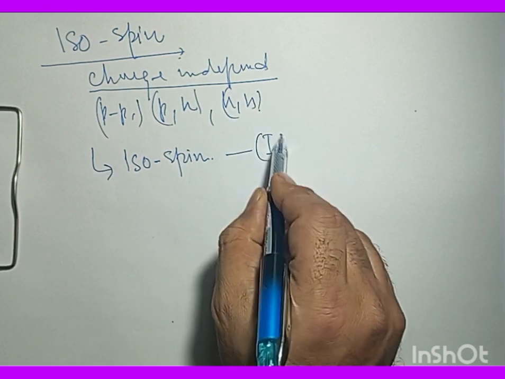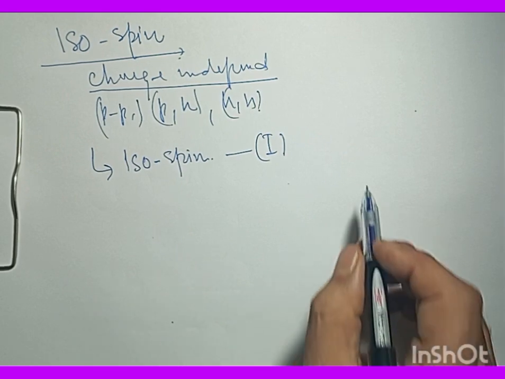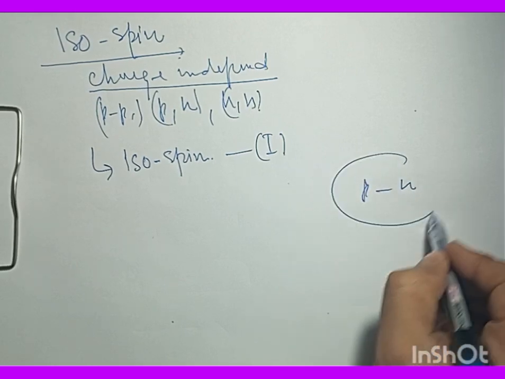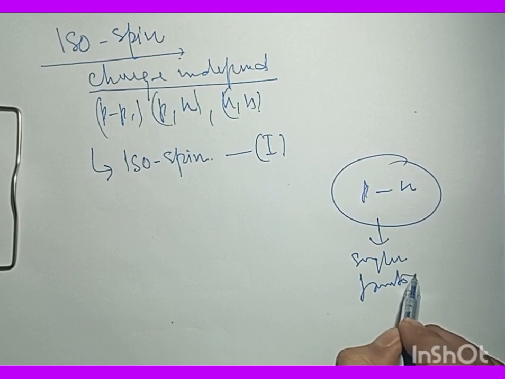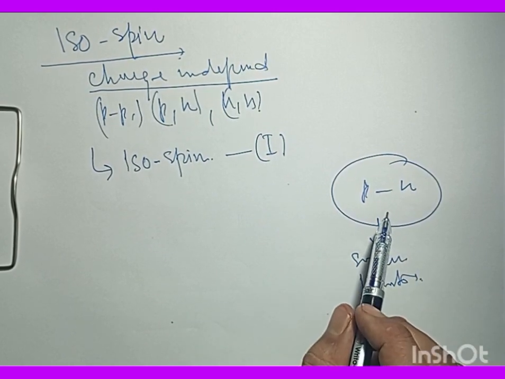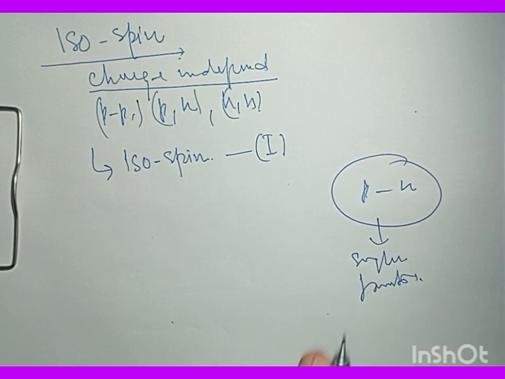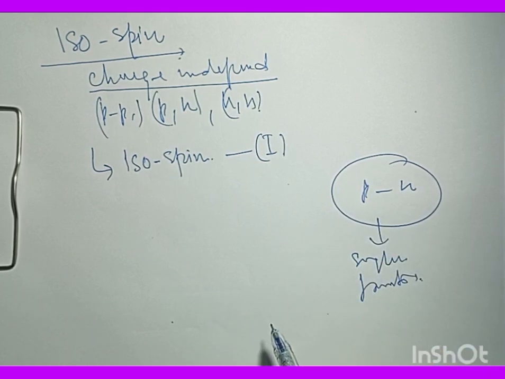It was symbolized as I, and it was Heisenberg who considered that a proton and a neutron in a nucleus are the two states of a single particle, and that particle is called a nucleon. Thus the proton and the neutron in the nucleus are the two states of this nucleon.